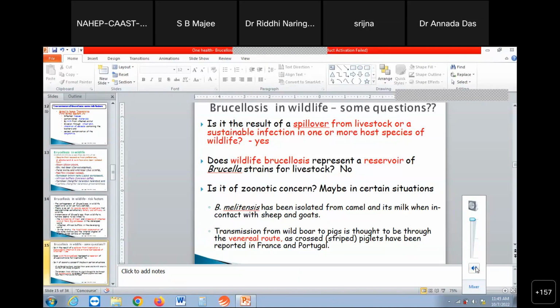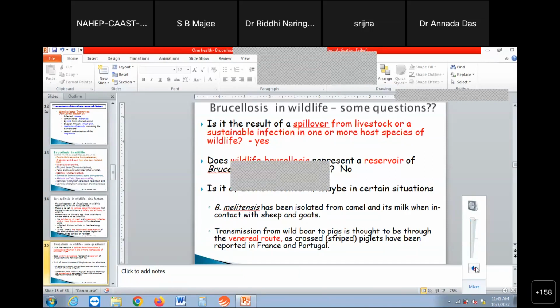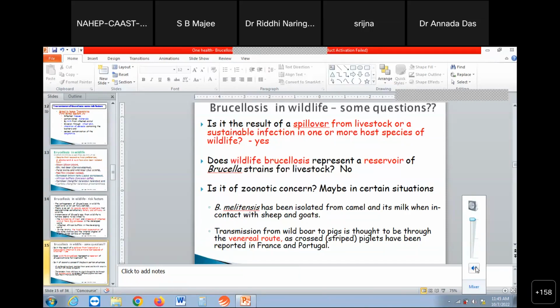They may infect pigs, sows, and the presence of cross-striped piglets has also been reported. So therefore, this disease can be passed through the semen from these wild boars to the pigs. We do not know how this cycle continues, and this is the fourth niche which I showed you, that within pigs, that is between wild boar to pigs, it is now a very well established route.